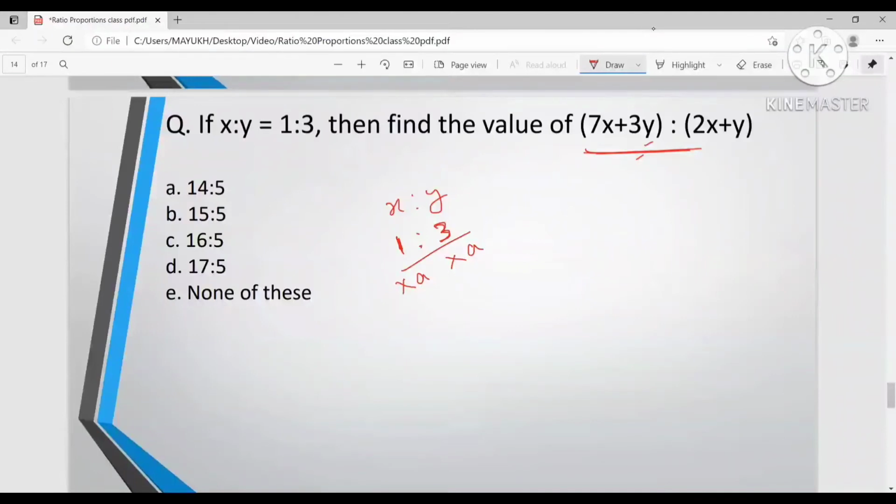If 1 is to 3 is the ratio, then definitely anything in this ratio will fulfill it. So why not multiply by 1 only? If I multiply 1 by 1 and 3 by 1, I get 1 and 3 as x and y. Now I simply substitute this value.